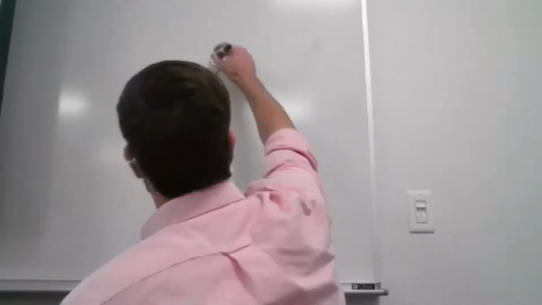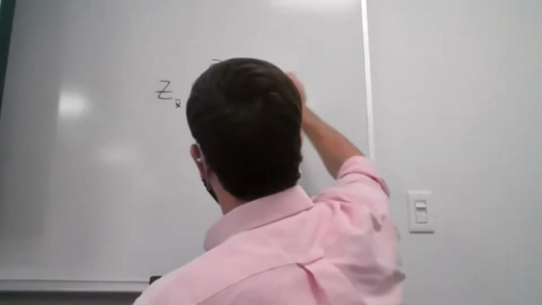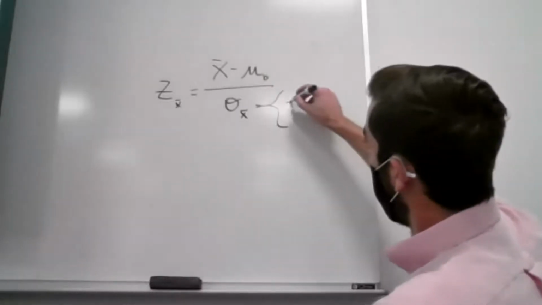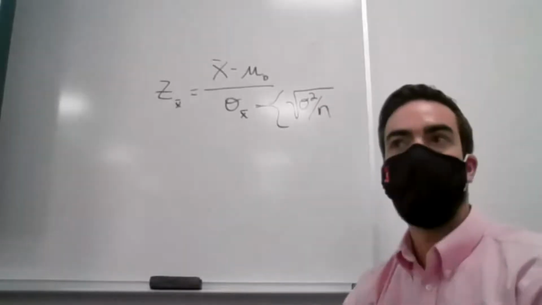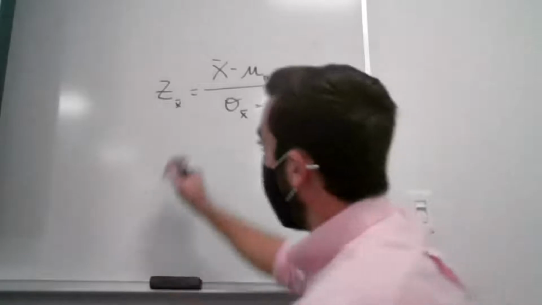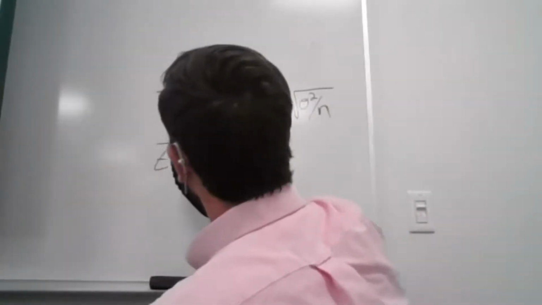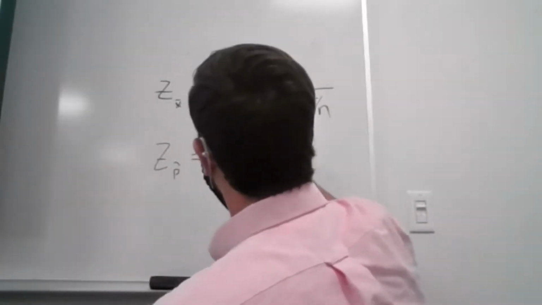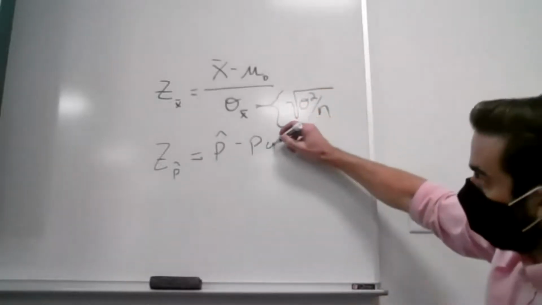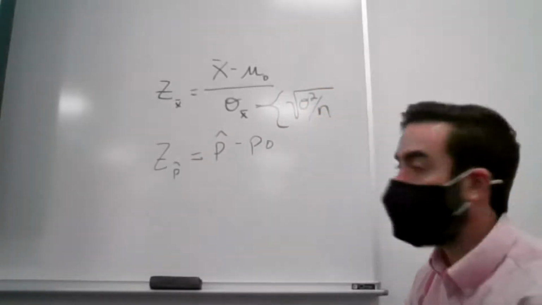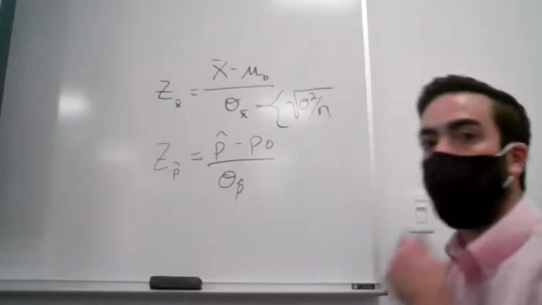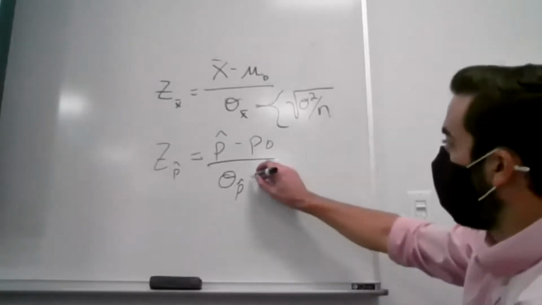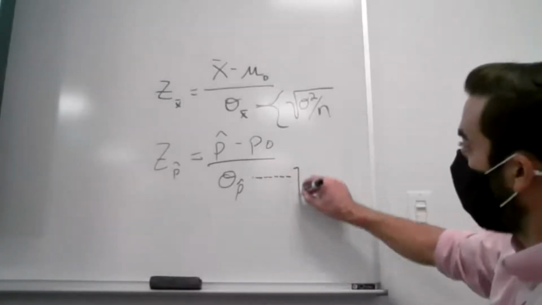Before, we were looking at something like this, where we knew the standard deviation of my sample means was the square root of my sample variance over my sample size. Now when we're dealing with proportions, we take our sample proportion, subtract the assumed true population proportion, and divide that by the standard deviation of my sample proportions. The only new thing is the equation for that standard deviation.